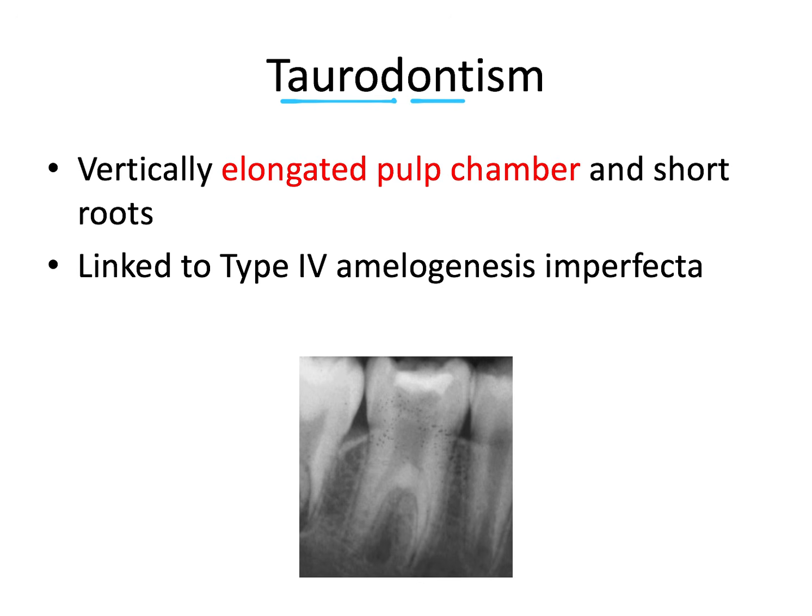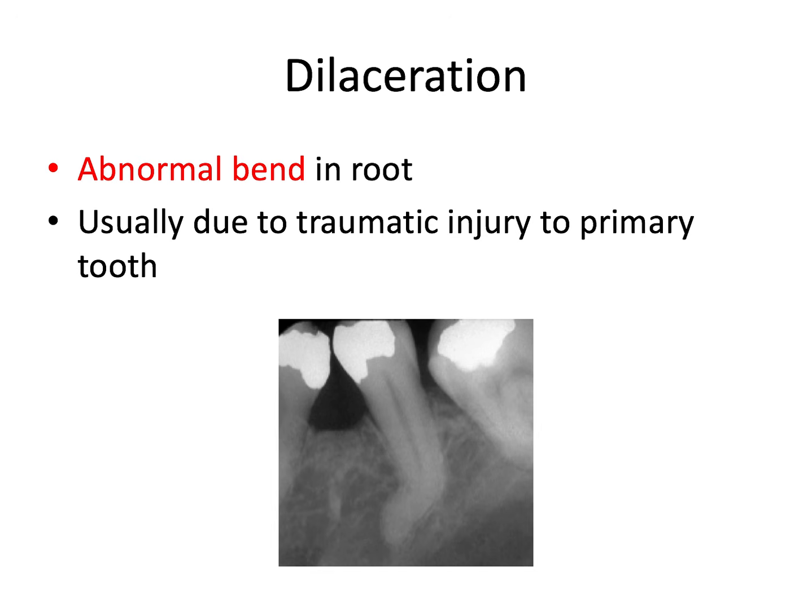So you can appreciate that the crown and the root trunk portion of this tooth is a lot relatively longer than the normal tooth, and that pulp chamber is certainly stretched out in a vertical direction. So it involves longer crowns at the expense of its roots. It's linked to type 4 Amelogenesis Imperfecta, which we'll talk about a little bit later.